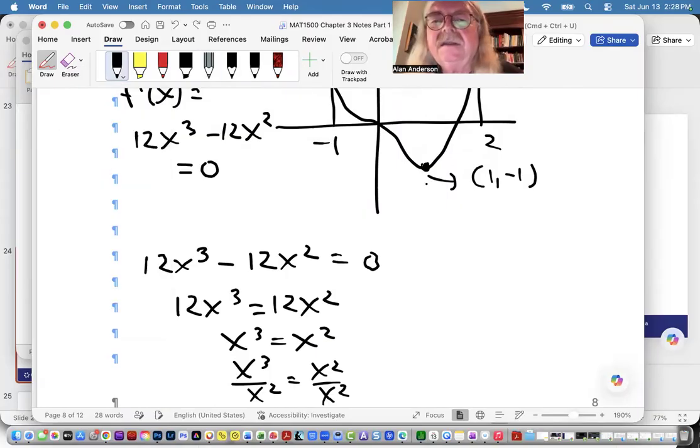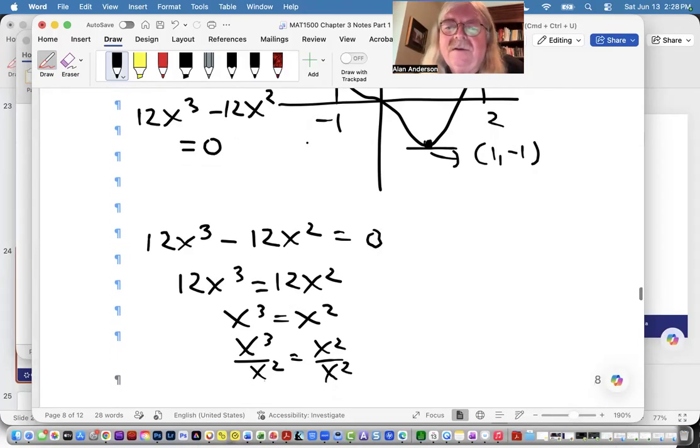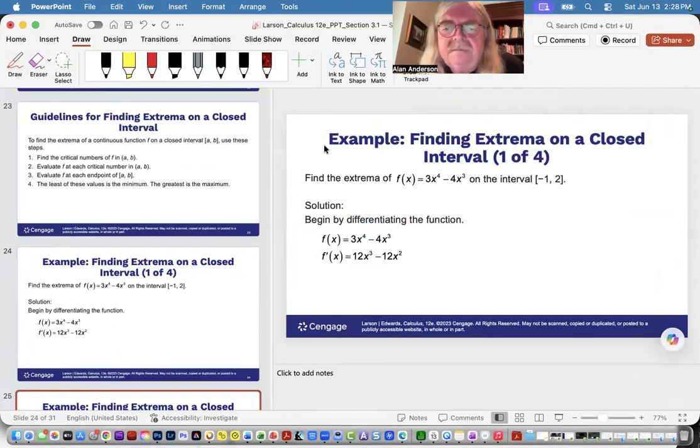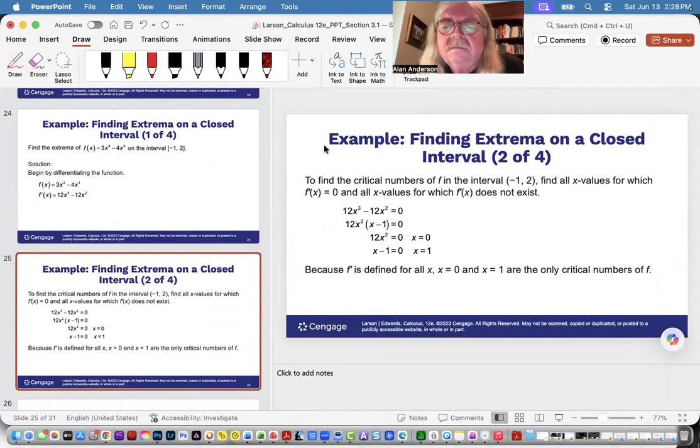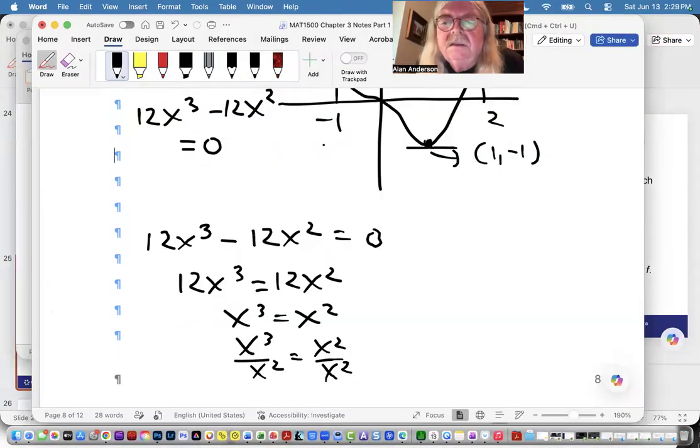Okay, let me try that again. We know this is a relative extremum, but is it a minimum or a maximum? Now, we kind of cheated a little by looking at the graph on Symbol Lab, but what if we didn't have this in front of us? How would we figure it out? Oh, you know what?